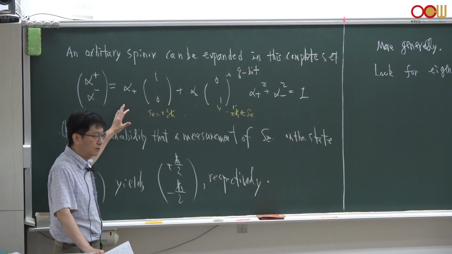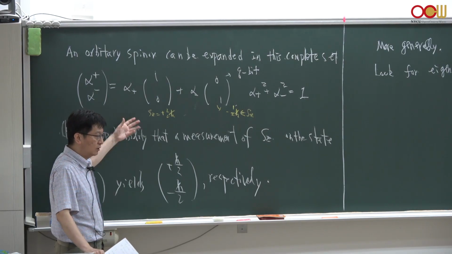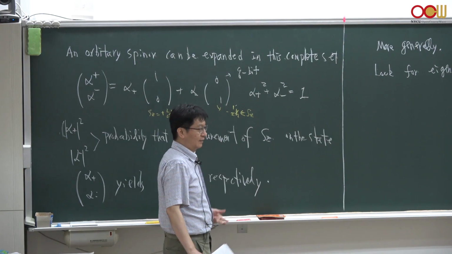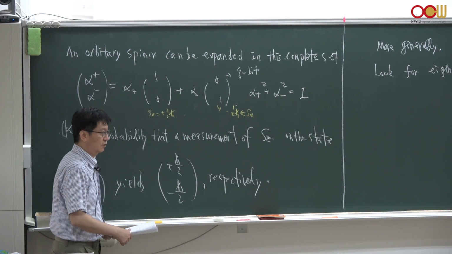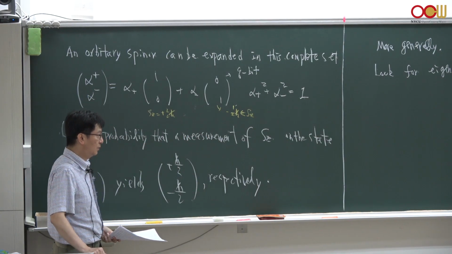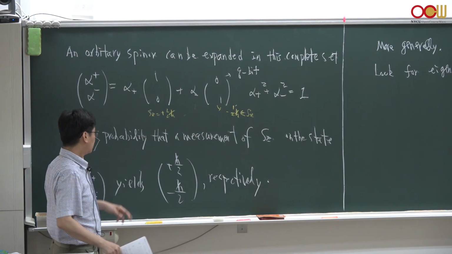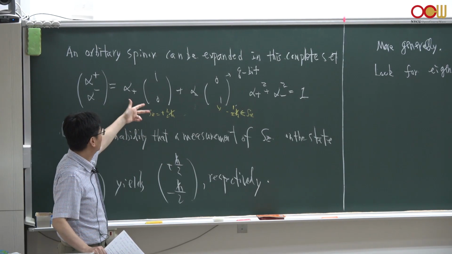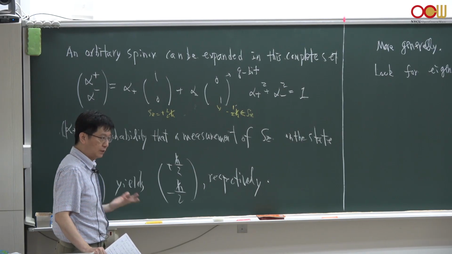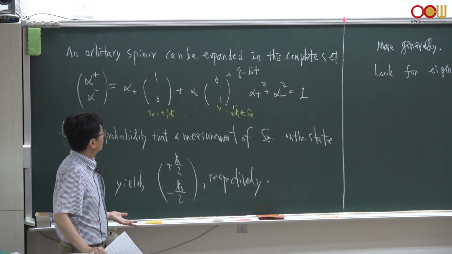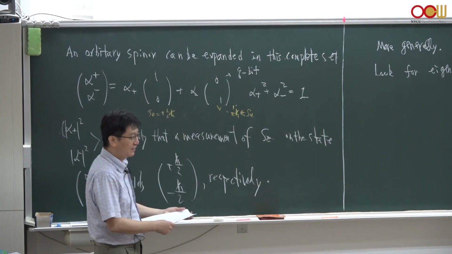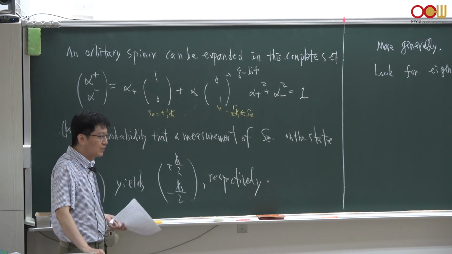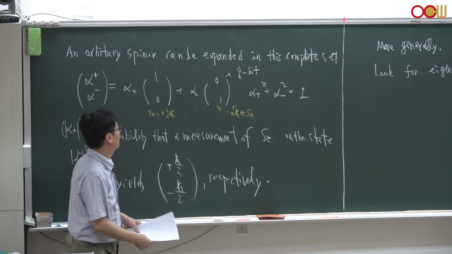But the question is, what kind of so-called two-level system could really be used to construct a real quantum computer? Of course, we need to take advantage of the electron spin. But a single electron state cannot simply be a source of qubit, because you could not extract a single electron from the real solid state material. What can we do?